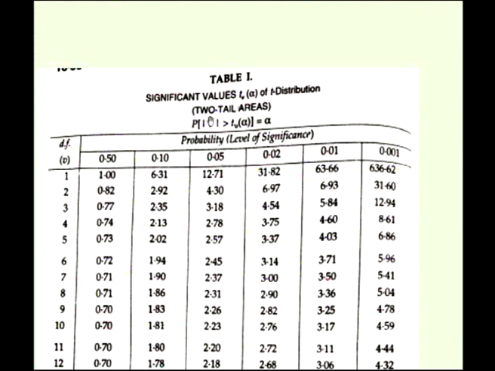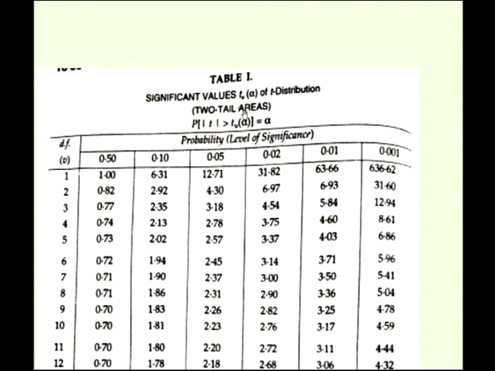And this, as I was discussing, is a two-tailed area. Okay, there is also a separate table given to you for one-tailed area. Even if it is not specifically given, the two-tailed table can be used for one-tailed test, as we were discussing in one of the previous slides.